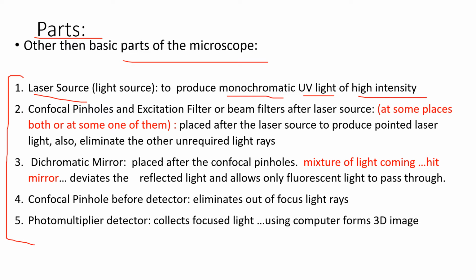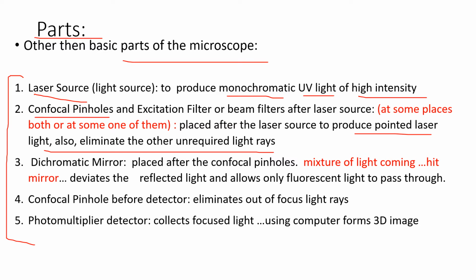It might be possible that they're both present at the same time or it might be possible that only one of them is present, and if it's one of them it will be the confocal pinhole. So it is not necessary that our excitation filter or beam filter is always present in the microscope. It might or might not be present. But what are their functions? Their function is to produce pointed laser light and they help us to eliminate other unrequired light rays.